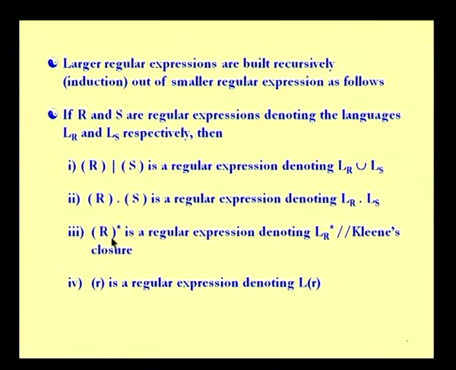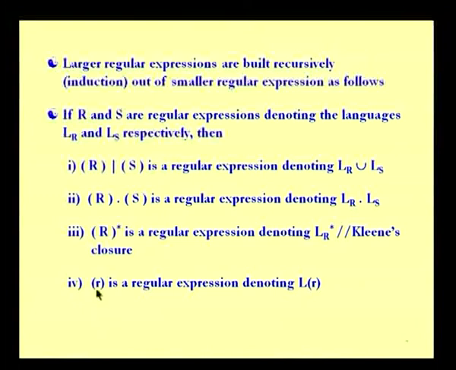Then R star is a regular expression, normally called the Kleene closure. The meaning of the Kleene closure is zero or more occurrences of R. We write the language as L(R) star, any string from R, repeated zero or any number of times.